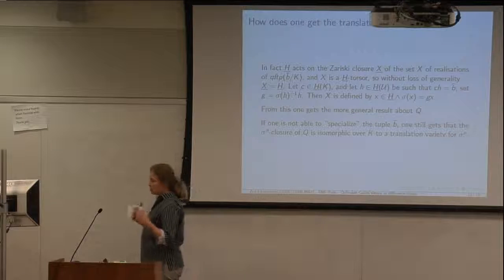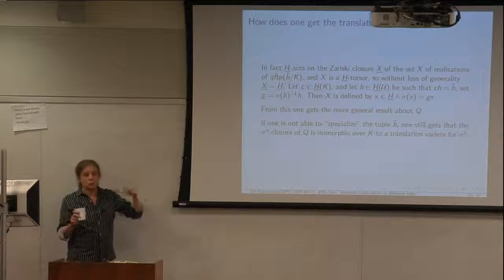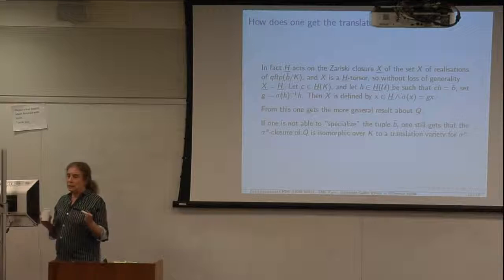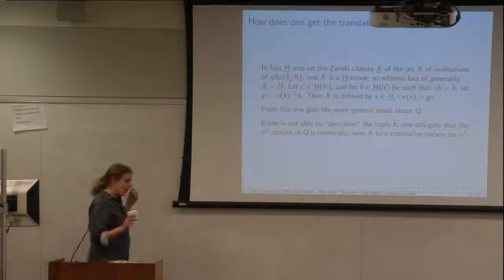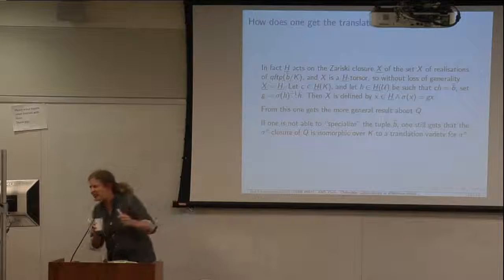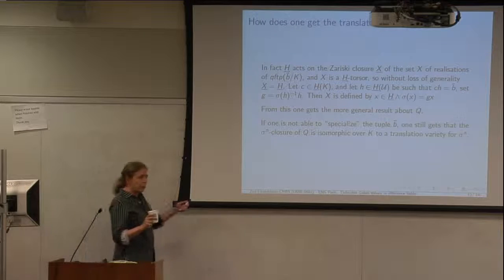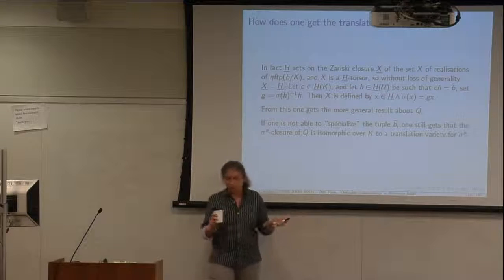This also means that when you go to the Zariski closure, if you have an action, this passes to an action on the algebraic varieties. And indeed, we have this H bar, with H of F acting on the set X of realizations of the quantifier free type of a fundamental solution.